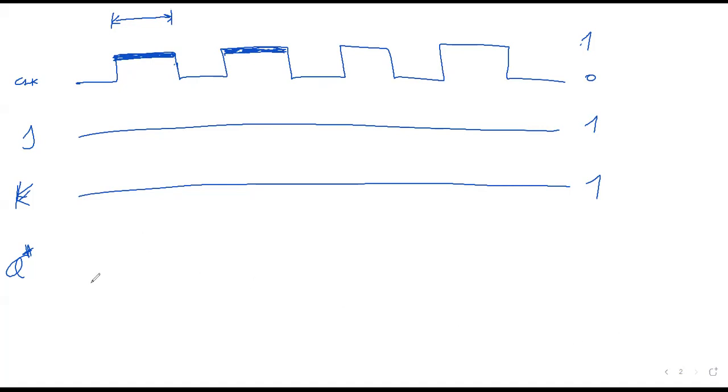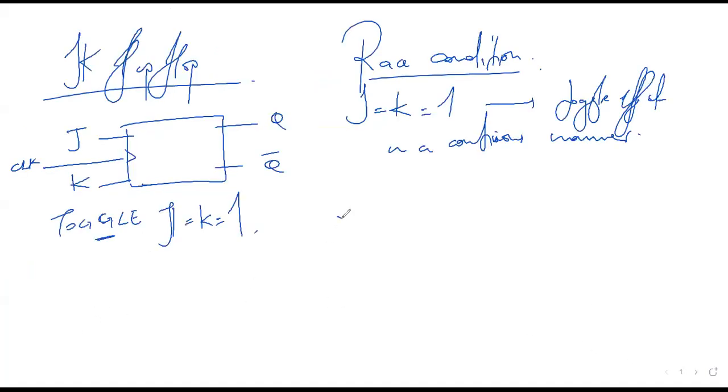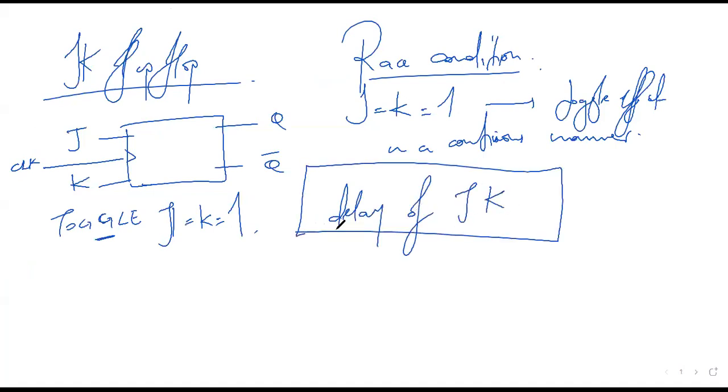When I talk of the delay, let me introduce the delay of the JK. If I input something here, J and K, whatever happens inside takes time. It takes time to get an output. That is called the delay of a flip-flop. It doesn't happen instantly.